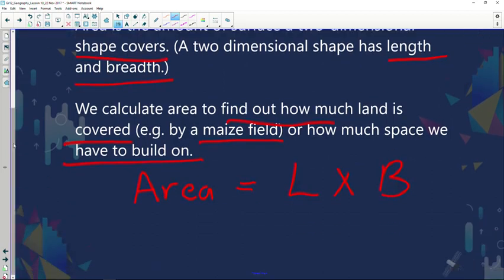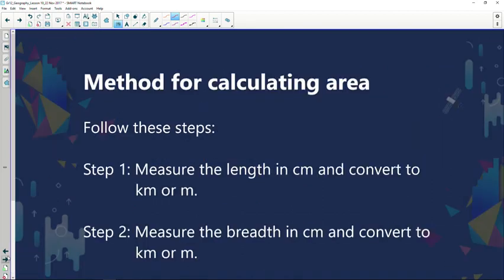If you look at area, first of all, area consists of a formula: length times breadth. If we quickly continue to the next slide, there are a couple of steps we need to look at. The first step: measure the length in centimeters and convert it to kilometers or meters. The question will stipulate if they want your answer in square kilometers or in square meters.